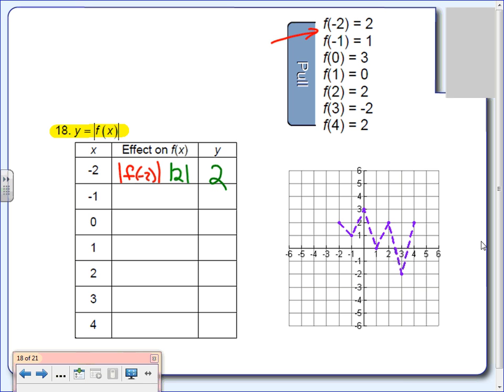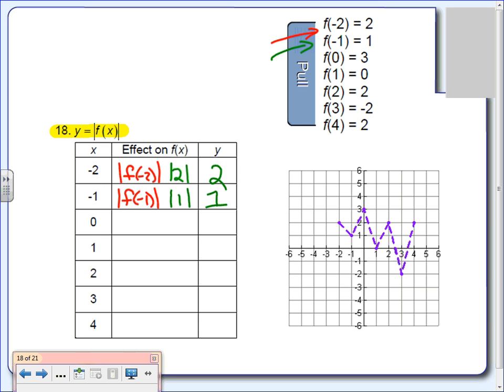Let's try that again. Let's take out the x, replace it with a negative 1. If I look over here, f of negative 1 is a 1. And if I take the absolute value of 1, I'm going to get a 1.